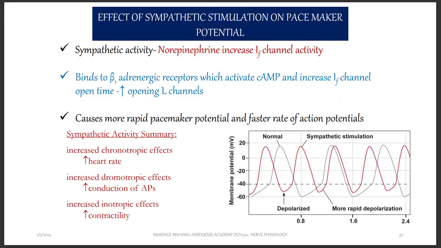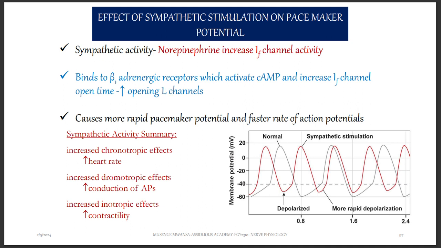What will be the effect of sympathetics on the pacemaker activity of the cell? Now, sympathetics, for example, norepinephrine is one of those important hormones produced by the sympathetic nervous system. Norepinephrine is going to be able to increase the Fanny channel activity. The norepinephrine binds to beta 1 adrenergic receptors.